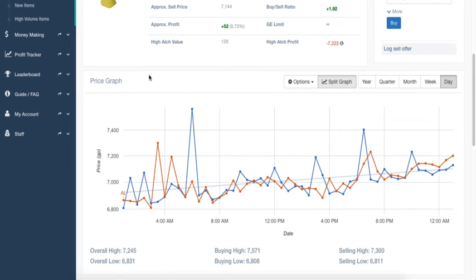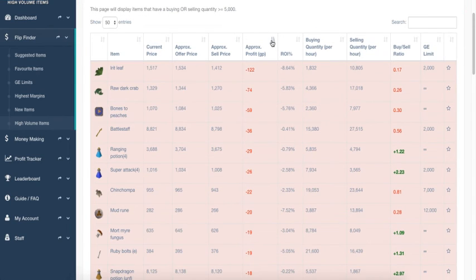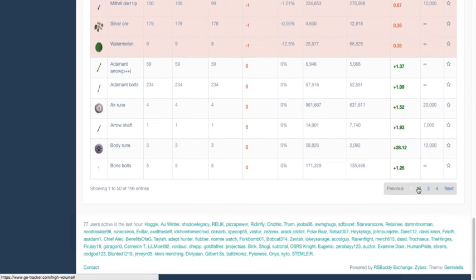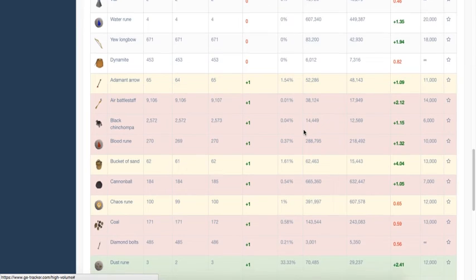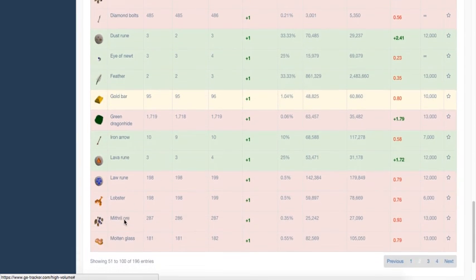That might be something like if you click on the approximate profit and go to the lowest, let's not make a negative profit, then you would want to find items like this, really like consumables, something that's always flowing through. So you can see that the trading volume is really high. So you can tell that this is always flowing through circulation.